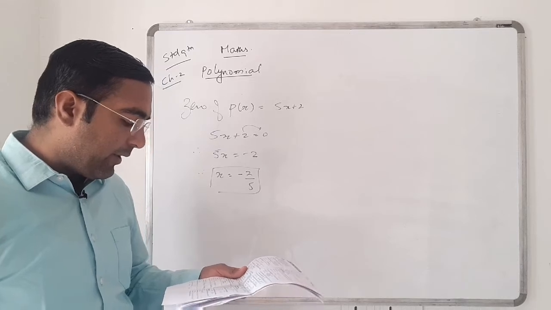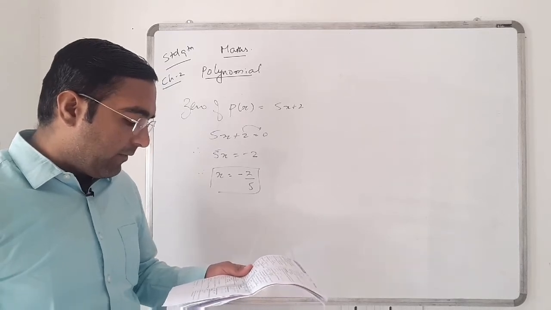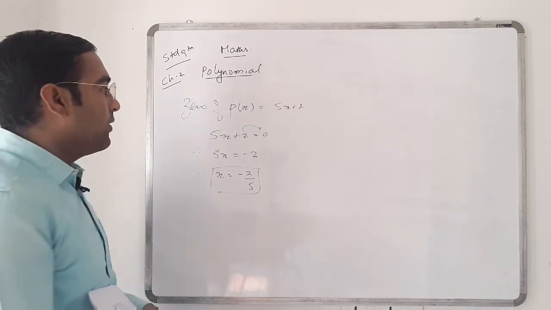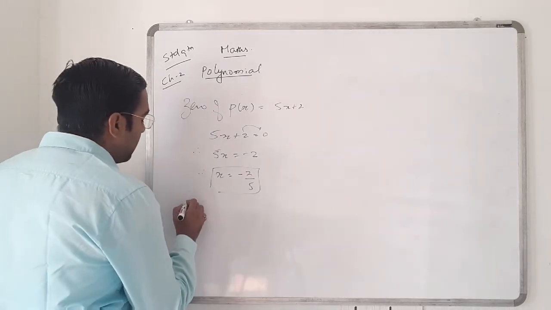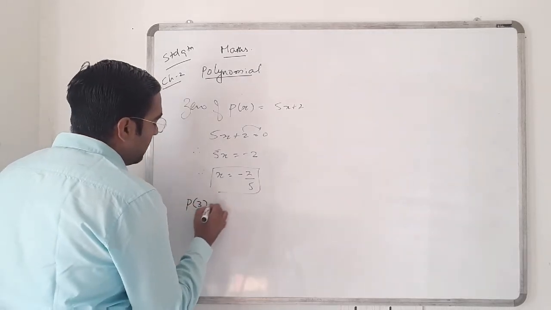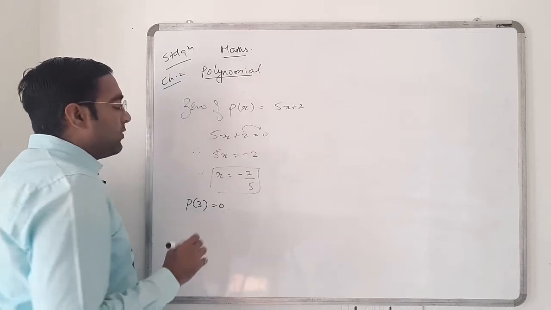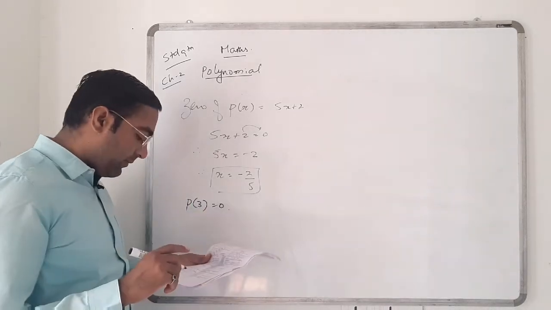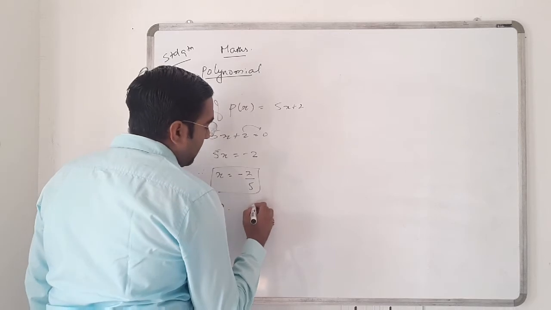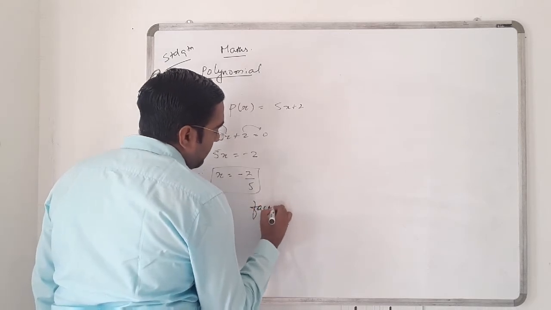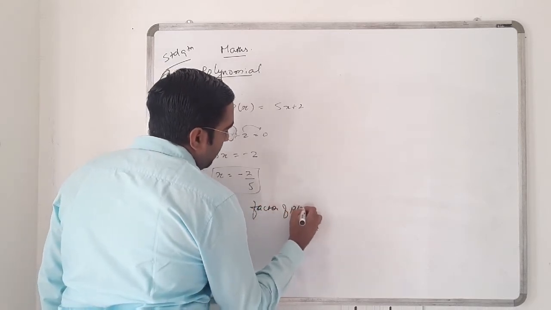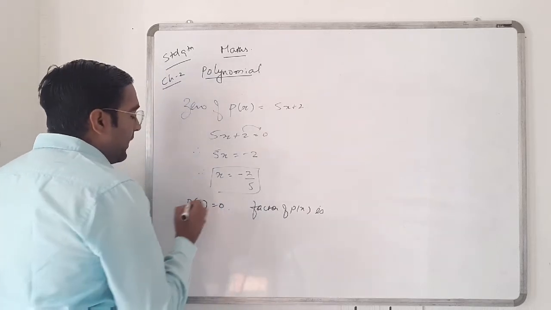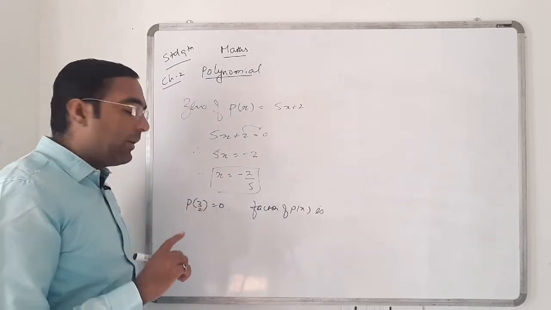Next one, that is if p of 3 equal to 0, one factor of p of x is, here it's given that p of 3 is equal to 0. So one of the factors of p of x is, in that one the value of x that is given is 3.